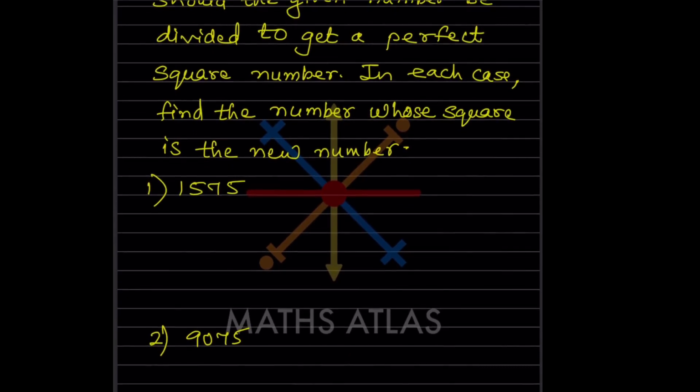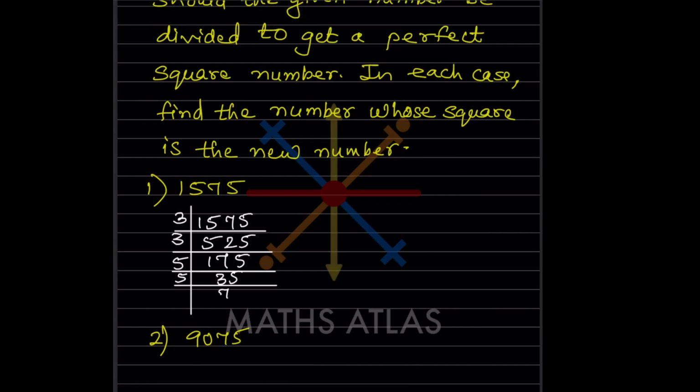So now what will you do here? Again, we'll take the prime factors of this one. So this should be 525 with 3, 175, 5 3s are, and 5 7s are, and then again it will be 7 1s are.